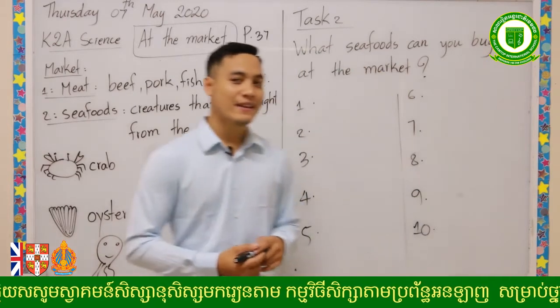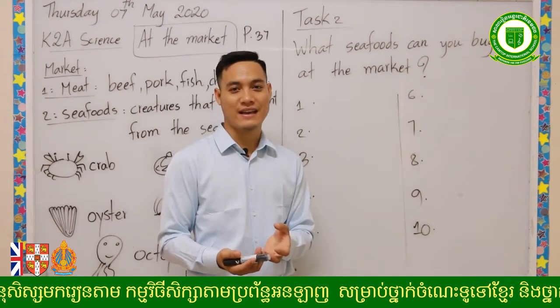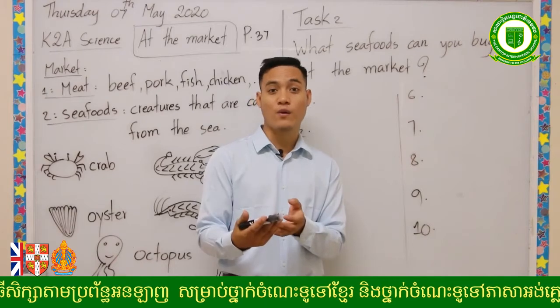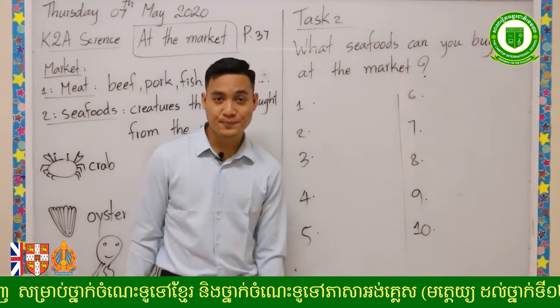Okay, so now I have a task for you that requires you to search more. Not only learn from the teacher, but you need to search by using your phone or any other internet. So here is your task 2.